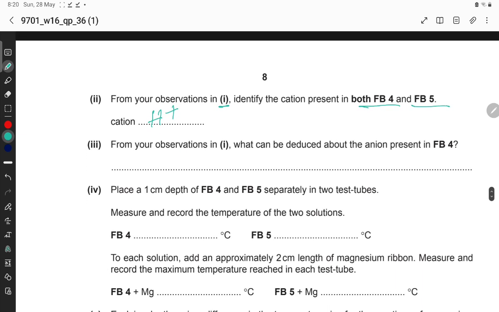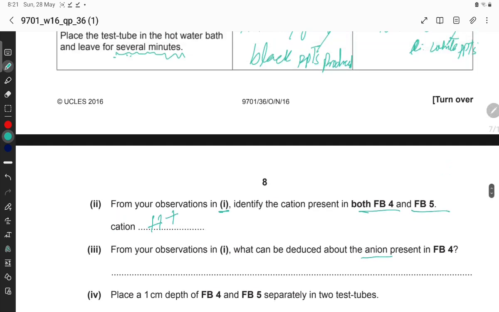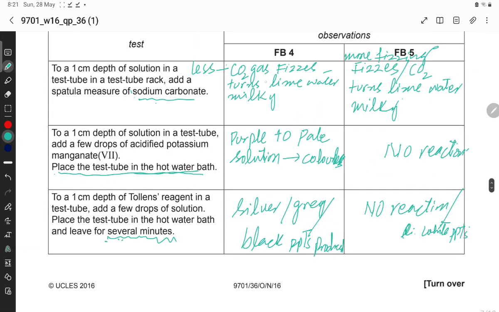From your observation in 1, what can be deduced about the anion present in FB4? Anions present in FB4: if there are fewer bubbles of gas in one and more bubbles in the other, it means FB4 would be a weak acid.